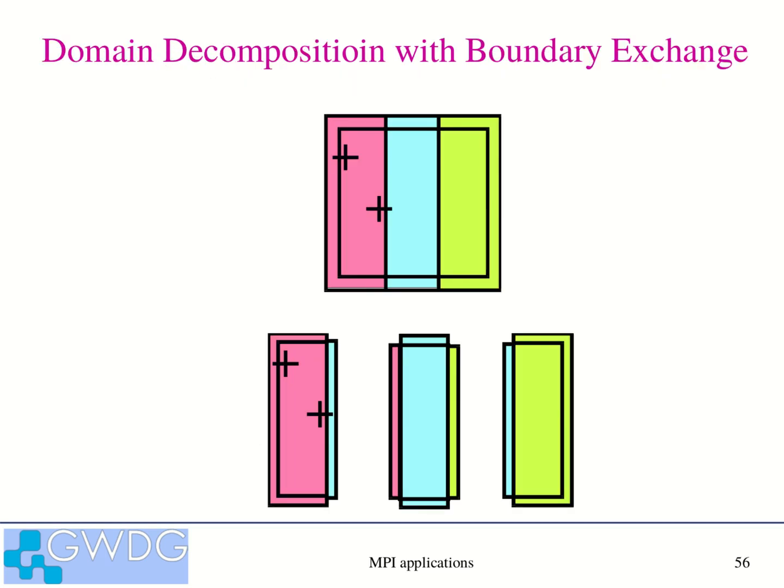Now, how to parallelize this? Just by partitioning the grid into pieces, into strips, and putting one strip to every process. So with 3 processes, I have here my grid with inner points and boundary points. Boundary points in these lines, and inside the lines are the inner points.